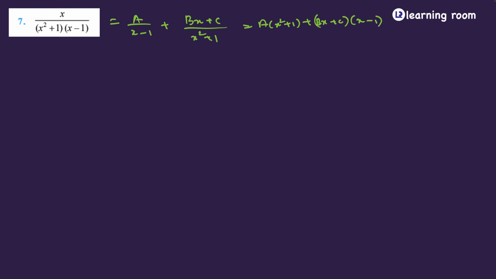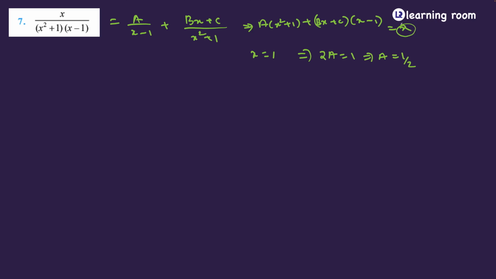For finding a, what you can do is put x is equal to 1. So when you put x is equal to 1, what will you get? The second term is gone. The first term will be a into 2, is equal to the right hand side, which will be 1. So 2a is equal to 1, and a will be equal to half.